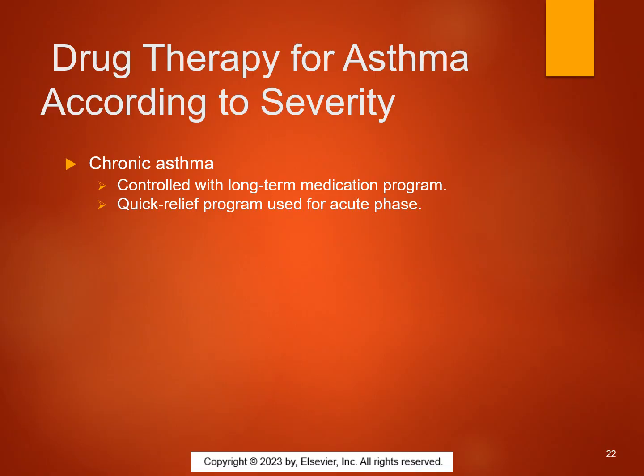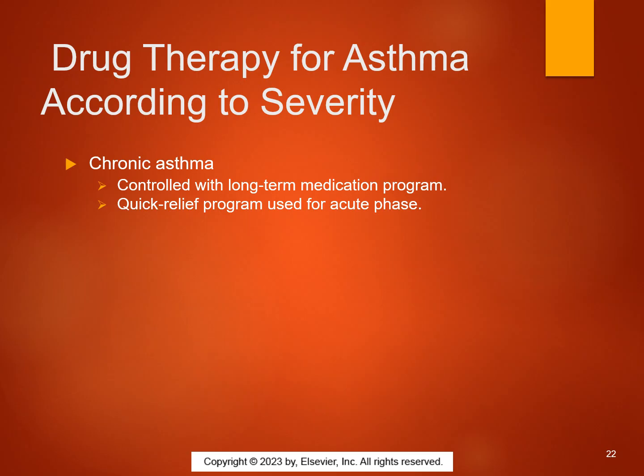For quick relief or rescue, it's our albuterol and epinephrine that we talked about. If a patient relies on a rescue inhaler frequently, their asthma is uncontrolled, and we have mentioned that before. If albuterol is used daily, what medication needs to be added? Think about that. The answer is an inhaled steroid controller.